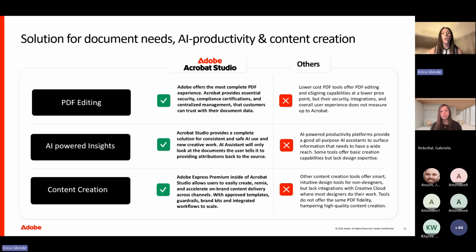When we think about a business professional, Adobe aimed to address all three of these categories in one solution. We're providing a secure platform and a consolidated way for IT to consolidate their tech stack. Now, for PDF editing, in this category, Adobe Acrobat will always win. And will always win based on security.